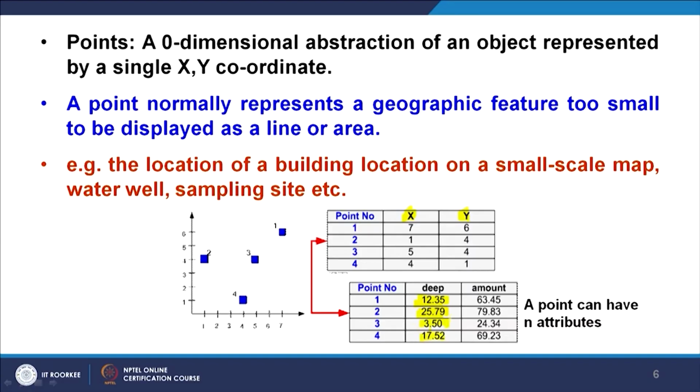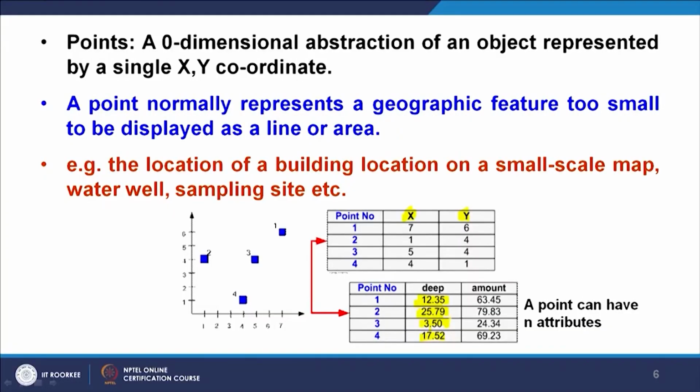So, if I have n number of points, I will have n number of rows in my table, and I can theoretically have n number of fields or columns in my table to store as much information as possible against a single point. So, here in the example 4 pieces of information we are already seeing: the x, y, depth and amount. All these are shown against all single points.